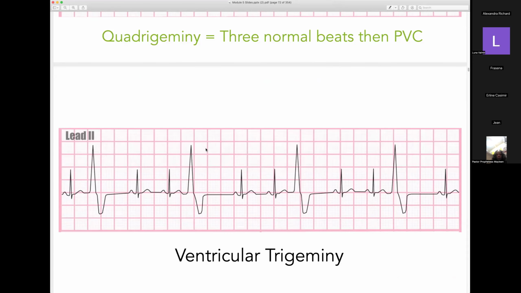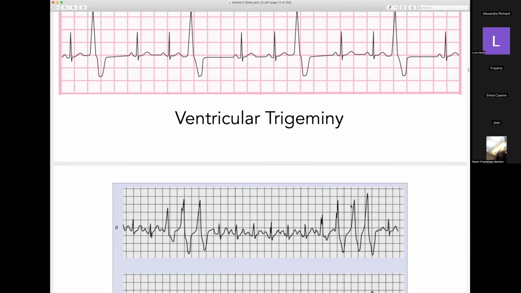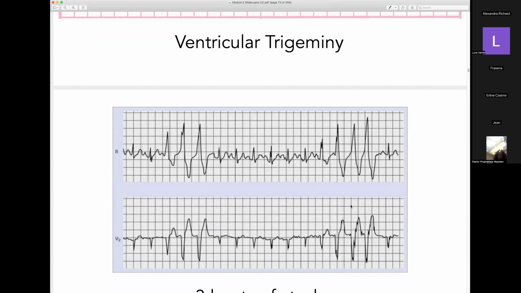Very good. This is ventricular trigeminy because it's number three. So 1, 2, PVC is number three. Ventricular trigeminy. Very good.